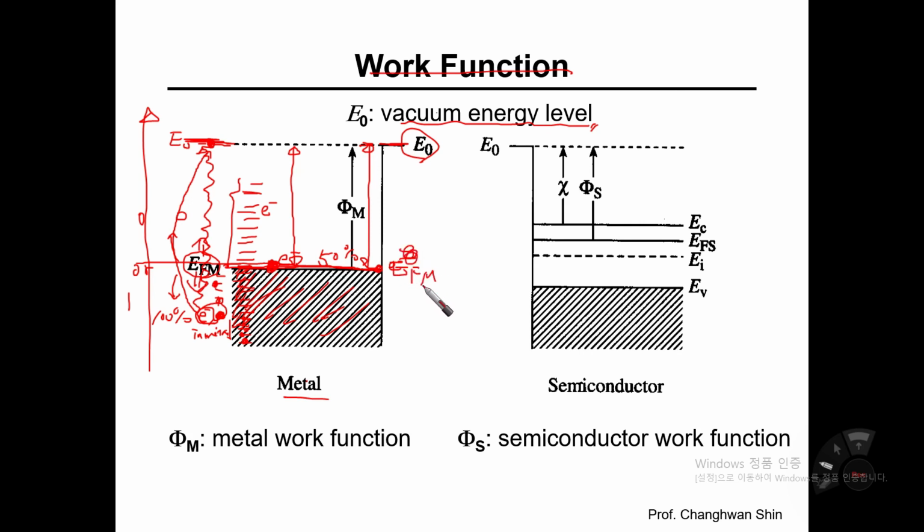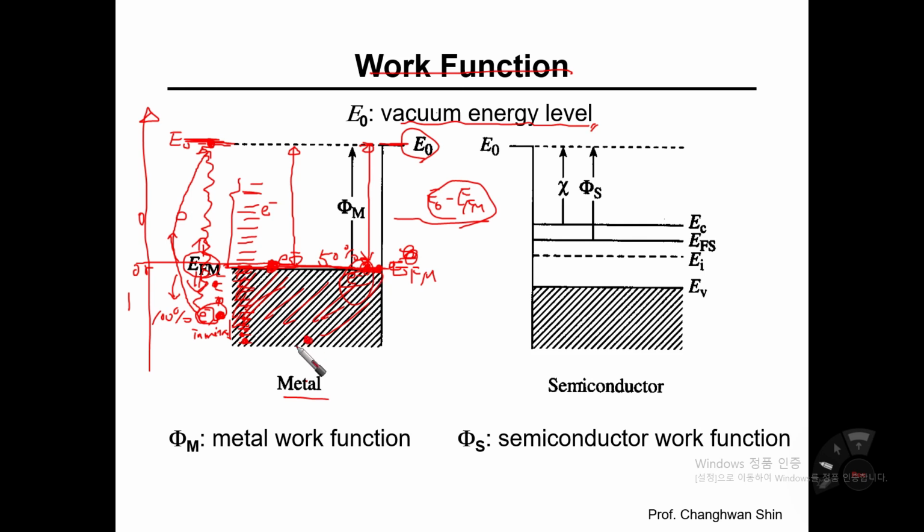Suppose we have a single electron sitting at this Fermi energy level, then how much energy is necessary to take out this electron away from the matter? Yes, E naught minus EFM, right?